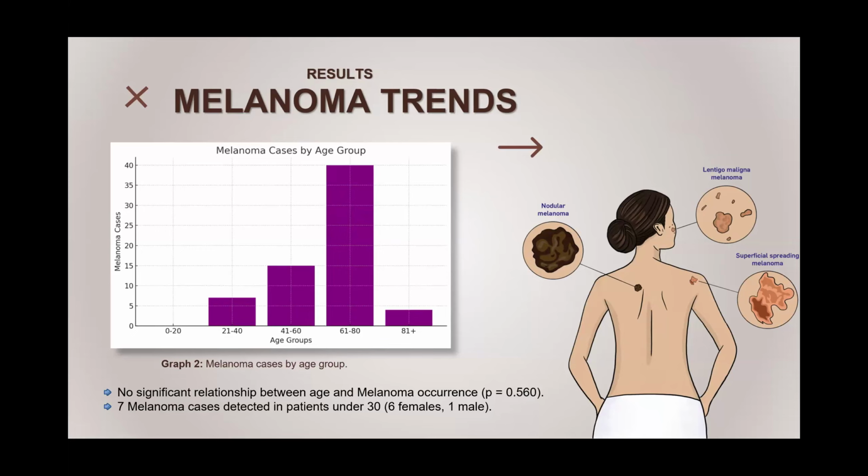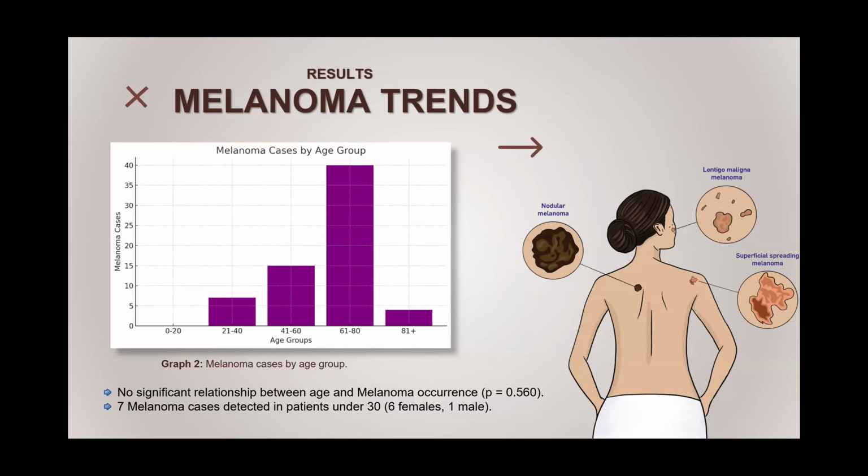We do not diagnose melanoma only because we see it in dermoscopy and clinically. We diagnose melanoma and then confirm it by histopathological report. So all 66 cases we diagnosed with melanoma were confirmed with histopathology.